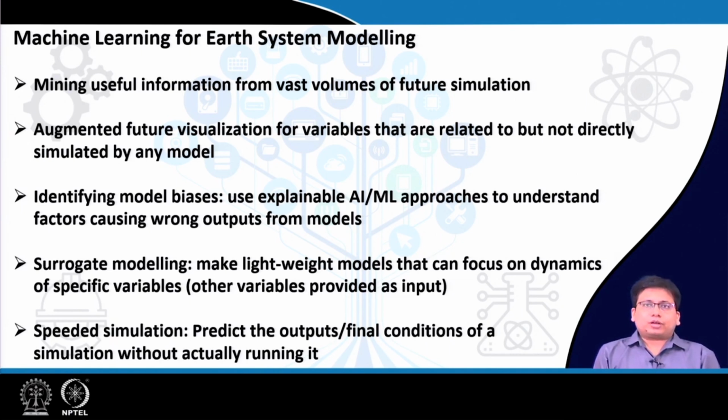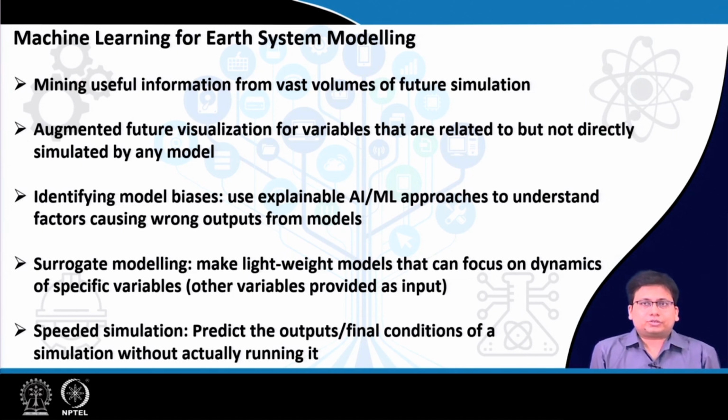Suppose an earth system model gives me some wrong result, that is, I simulate it for a particular duration starting from an initial condition, and I find that what it gives me as output does not match what is actually observed. Then I want to understand what went wrong, which components of it gave wrong results.